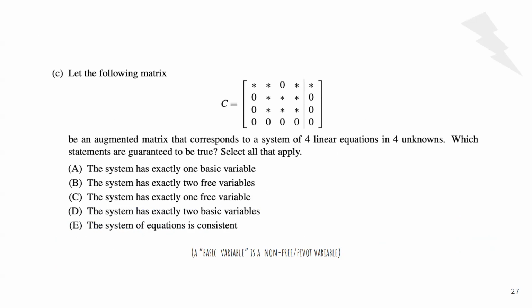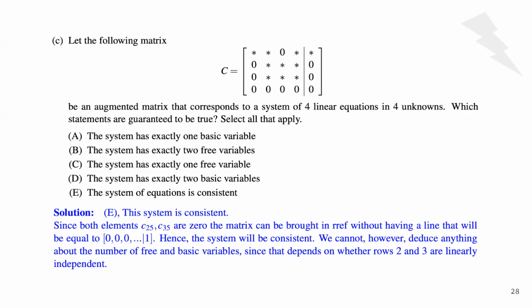We have a couple questions on how many basic and free variables are in this system of equations. And note that as a definition, a basic variable is essentially a pivot variable, or a variable that isn't free. So something that has a 1 when we go into reduced row echelon form.